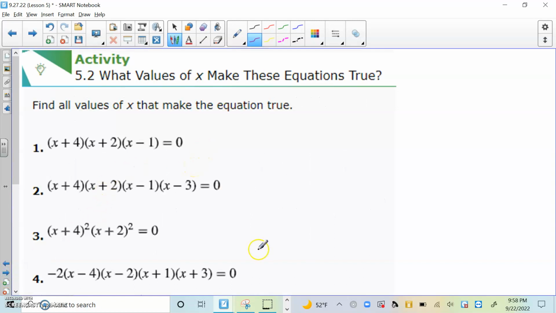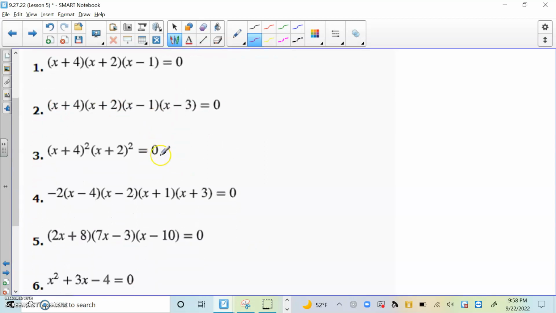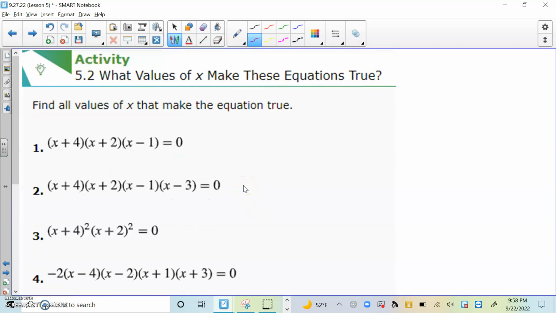So we are going to do these problems where we want to find all the values that would make these equations true. And if you notice, they're all equal to 0. So we're just trying to find all the x values that make our equation 0 if we were to plug them in. By zero product property, as long as we make any one of these parentheses equal to 0, it'll do the trick.